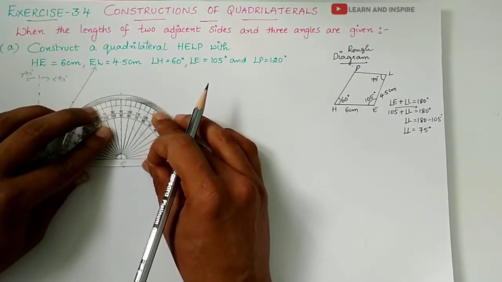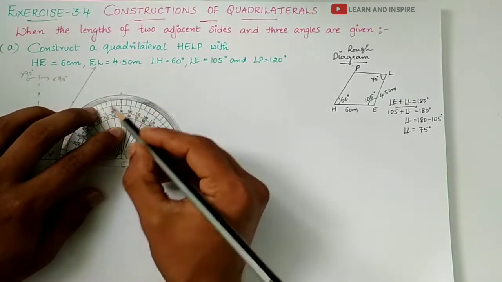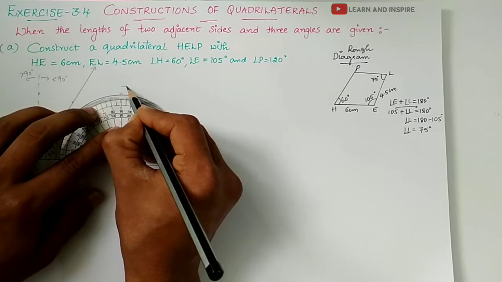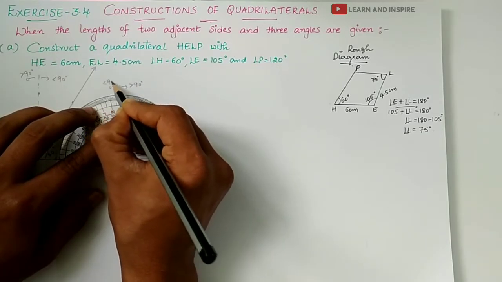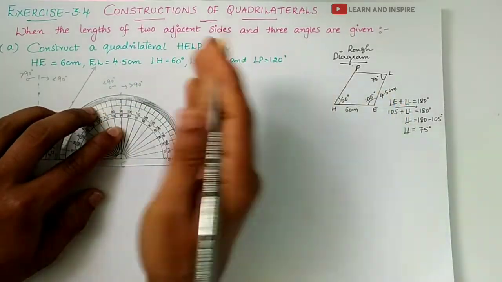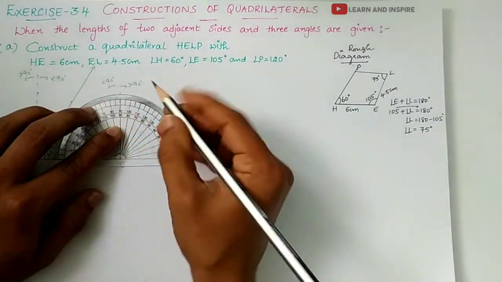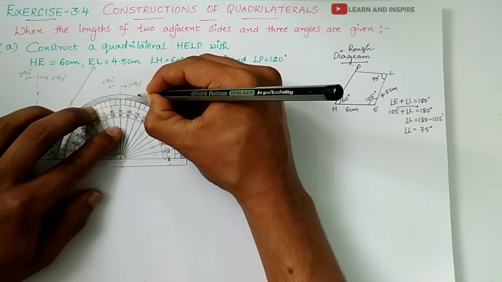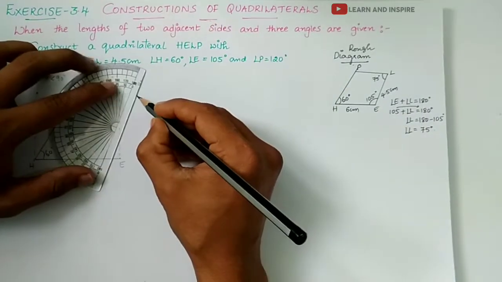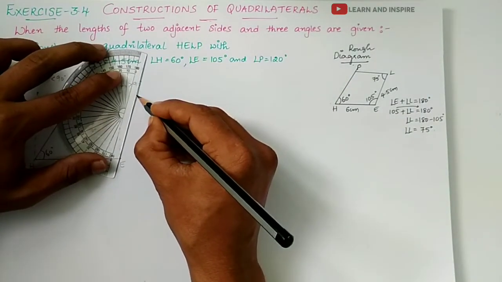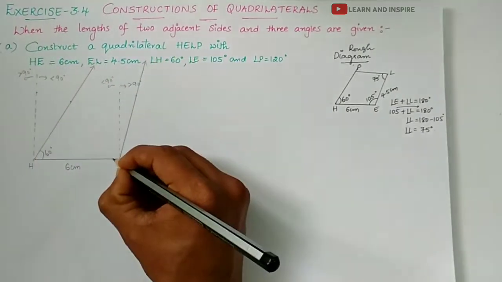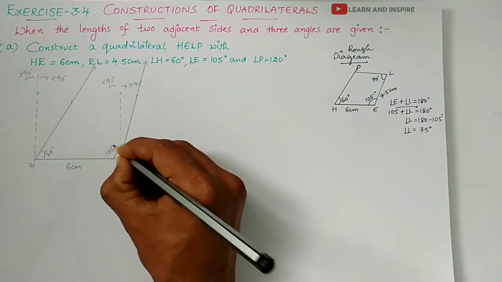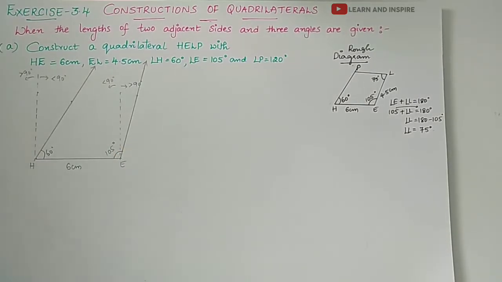This is 90. 105 is greater than 90 degrees, so the angle comes towards the right side. So here is 105 and we have to draw a ray, and this is 105. Understood? So this is step 3.